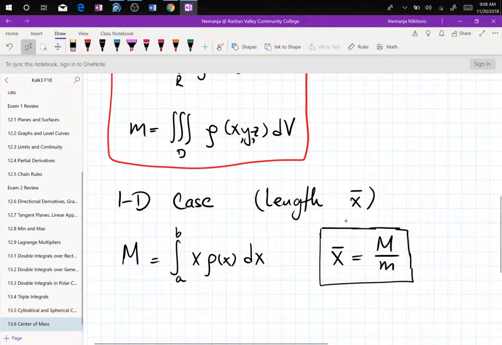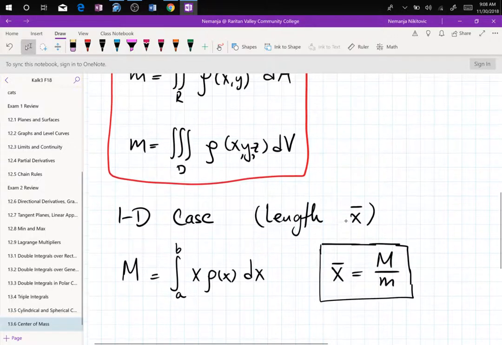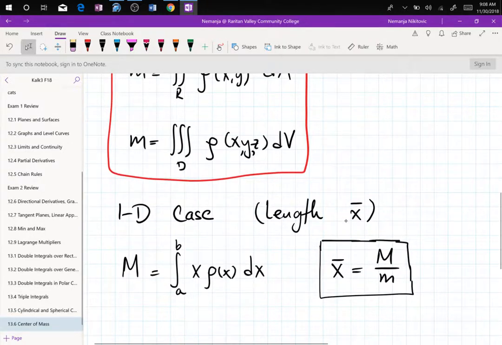So that's our one-dimensional case. These integrals, as you can see, are very simple calculus 1 integrals to solve. It's a single definite integral from a to b. You multiply x into whatever the function for density is, which is given to you, and you divide two numbers to find x bar.